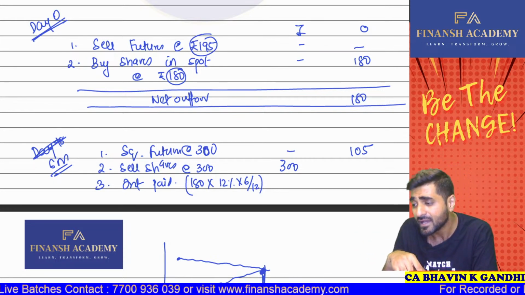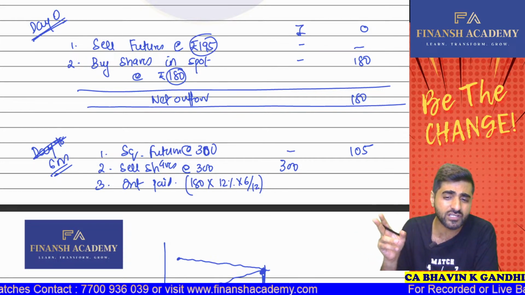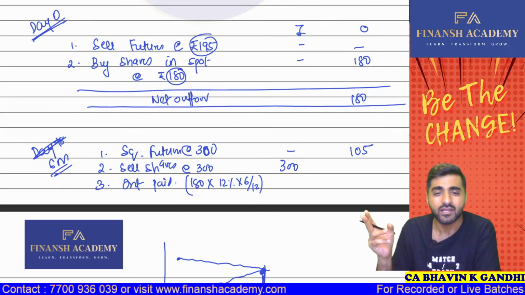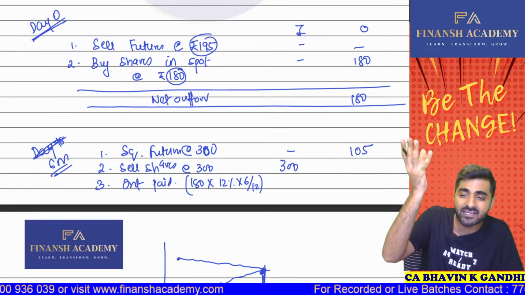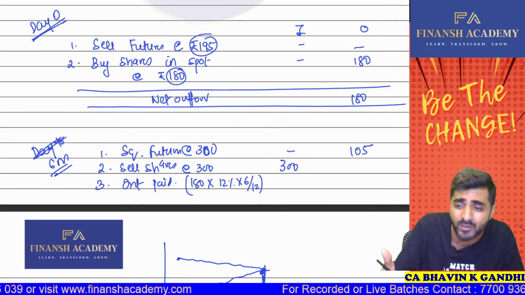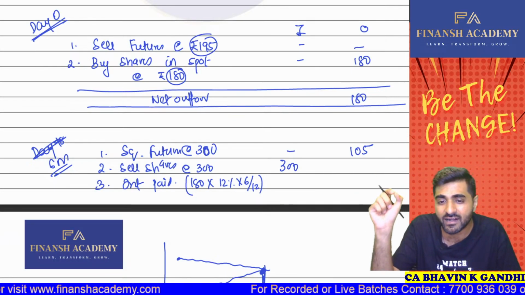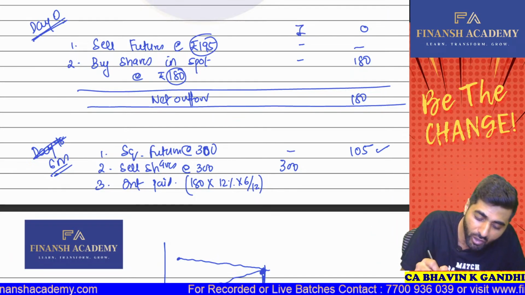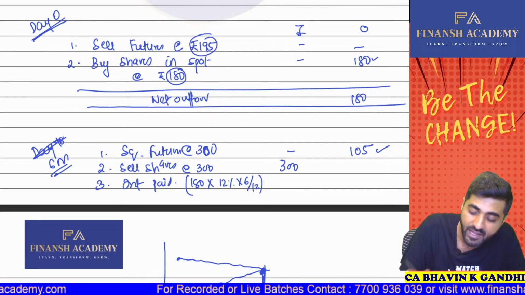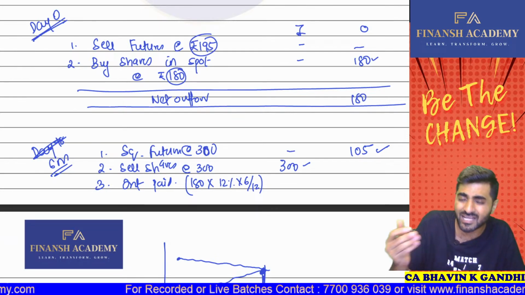When we are squaring it up, yes, there will be profit or loss which will be debited or credited to my account. I was a short seller here. I sold the futures, but now the prices increased, so I'm buying it. So there is a loss which I'm incurring because I sold at 195 and I'm buying it at 300. So there is a loss of 105. But I had also purchased the shares for 180, and I'm selling it for 300. So that's my inflow and outflow.